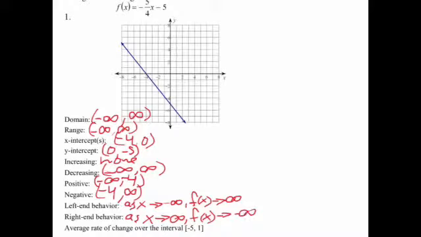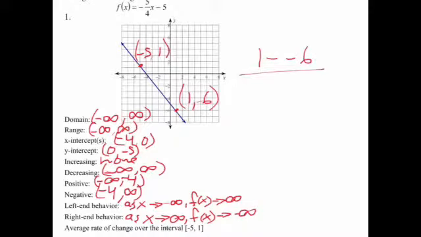And when you get the average rate of change over the interval from negative 5 to 1, negative 5 is over here, and 1 is over here. So you have to figure out those points. You get the point negative 5, 1, and then you get the point 1, negative 6. And you get your y's over x's. One way you can do that is subtract the y's, so 1 minus negative 6.